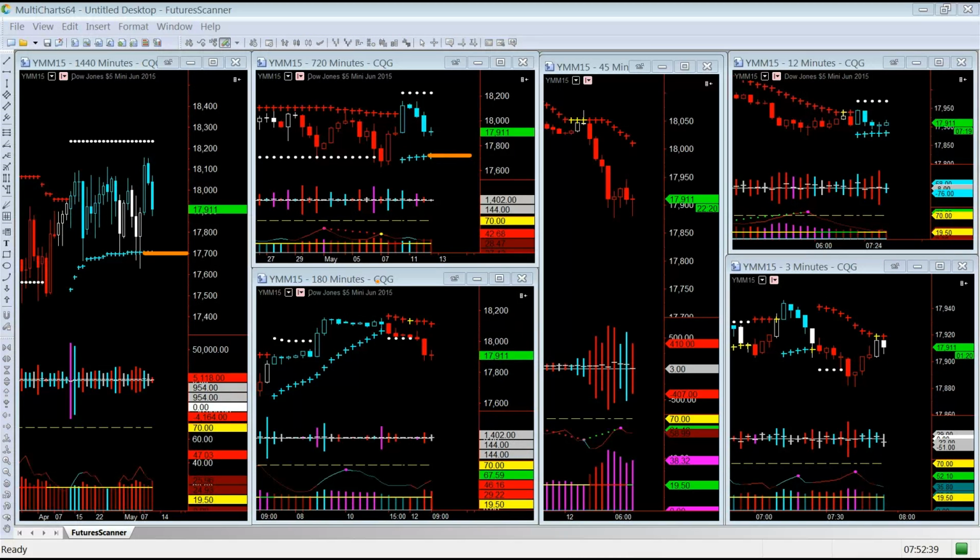The 180 is really not telling me anything at the moment. We have come back to test that low. Now, I want to see this close above 0. Okay? And I want this delta above 0.